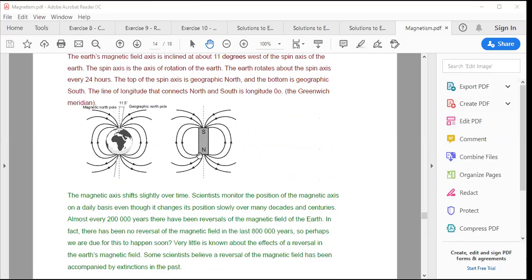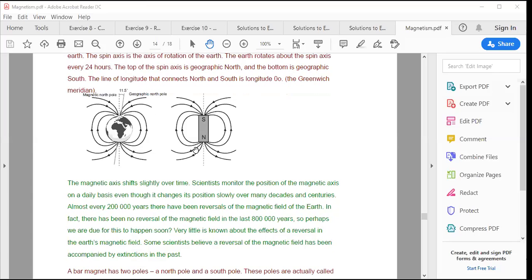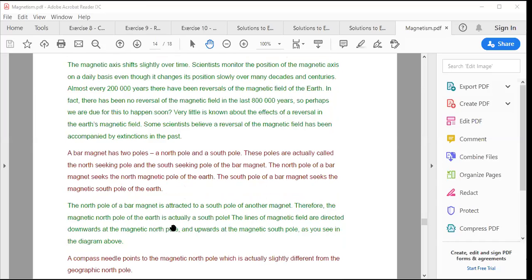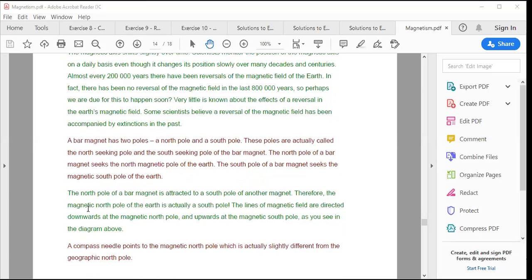Then that one is your north for the Earth. But for the bar magnet that we use, or the compass, that will become the north, because north and south attract, and the south goes this way. So actually the geographic north is a south pole in terms of the magnetic field of the Earth. Right, the South Pole, that I think I've read that.